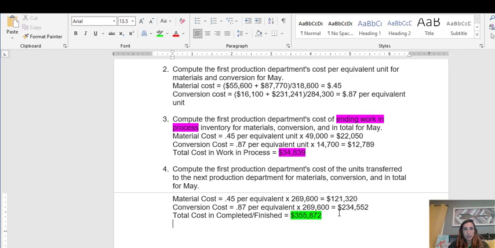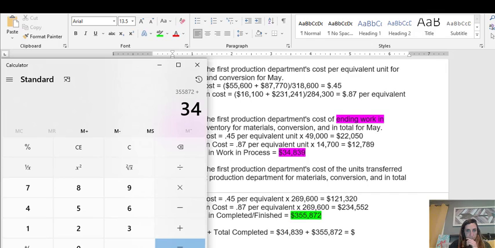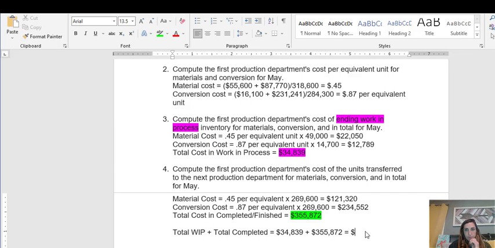If I add those two values together, so total WIP equals 34,839, if I add it with the total completed cost of 355,872, we get $390,711.